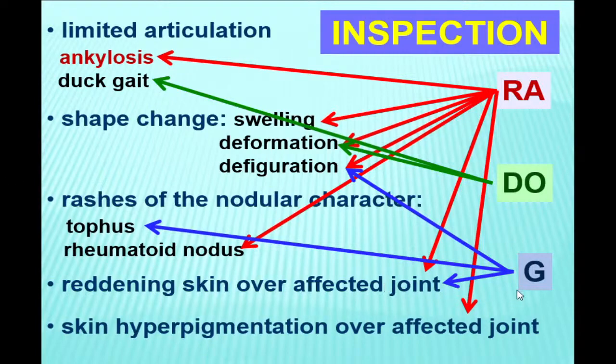It is characteristic only for gout and rheumatoid arthritis. In deformed osteoarthritis, there is no swelling and no reddening of skin, because it is a process which gradually destroys cartilage and then the whole joint is involved in the pathological process with formation of deformation.